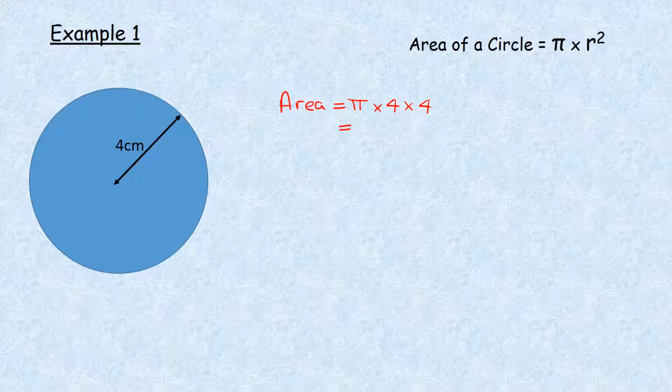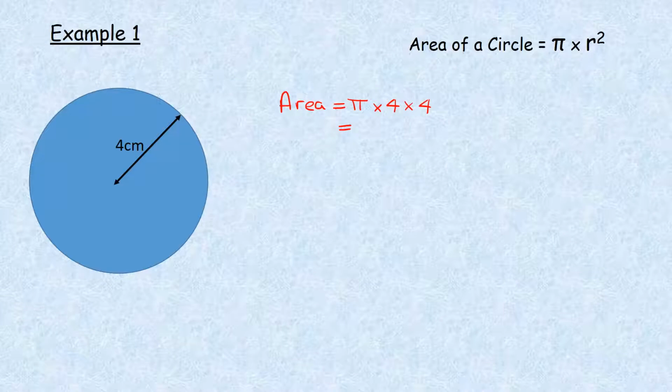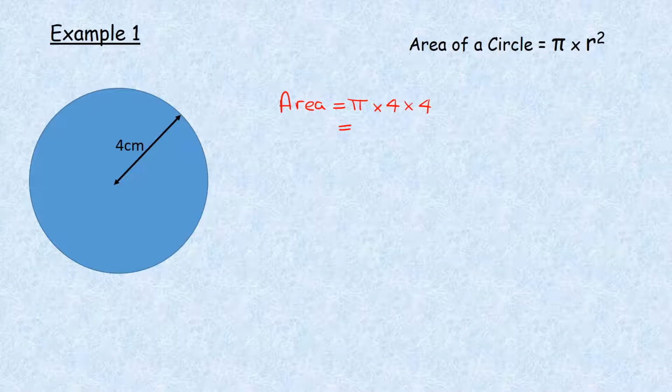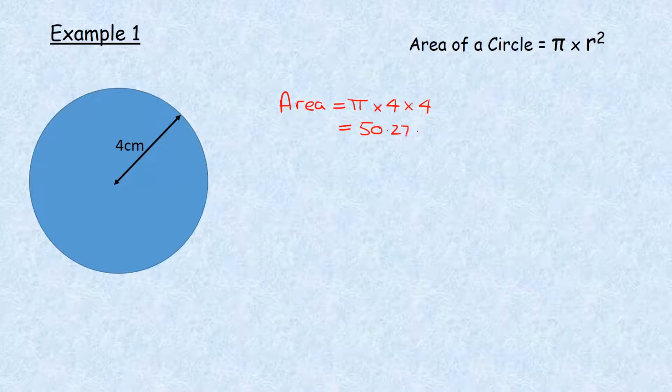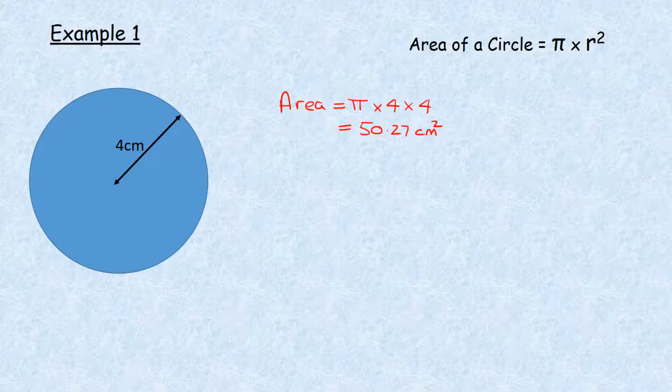So I'm going to get my calculator, shift times 10 to the power x, multiplied by 4, gives me an answer of 16 pi, which, if I press the SD button, gives me an answer in normal numbers, and I've got, to 2 decimal places, 50.27. And we've got lengths in centimeters, so we've got an area in centimeters squared.